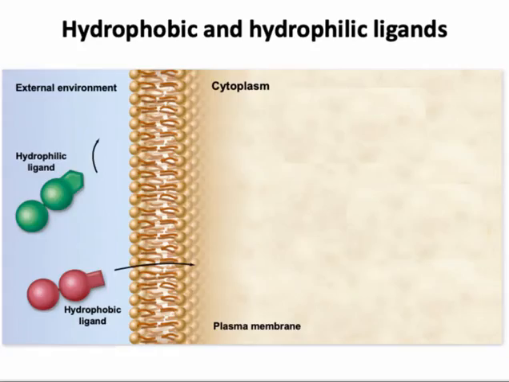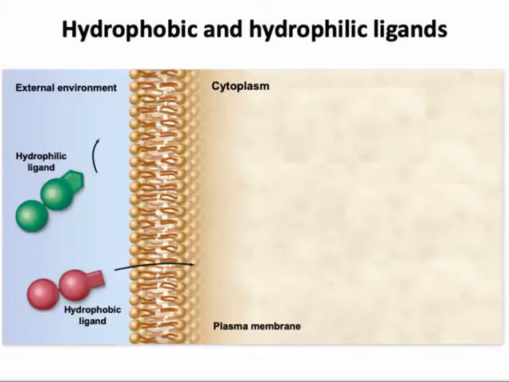So we're going to look at the two main types of signaling pathways, which depend on the type of ligand, or signaling molecule, that you have. There are two types of signaling molecules. Just like we saw before, they can either be hydrophilic, which are water-loving, polar molecules, or they can be hydrophobic, which are fat-loving molecules that don't mix so much with water.